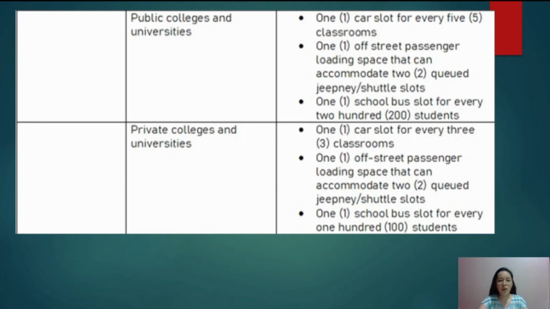We should take note that the parking slot requirements shall be an important part of buildings or structures, and any parking slots provided outside the building or structure will be quantified only as buffer parking. There are also prohibitions on parking slots. First is change of use or occupancy of parking slot.